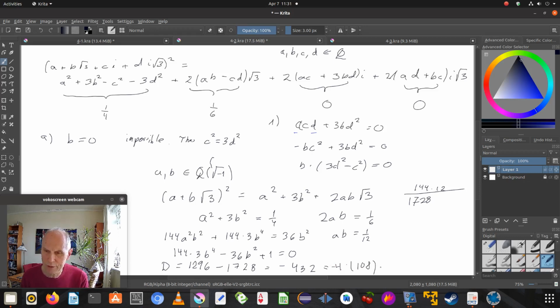Oh, it's just a factor of 4. That's 54, that's 27. So it boils down to whether 3 is a square in the Gaussian fractions, and it's not. It's actually a prime. So it's easy to see, of course, but it does require some work.